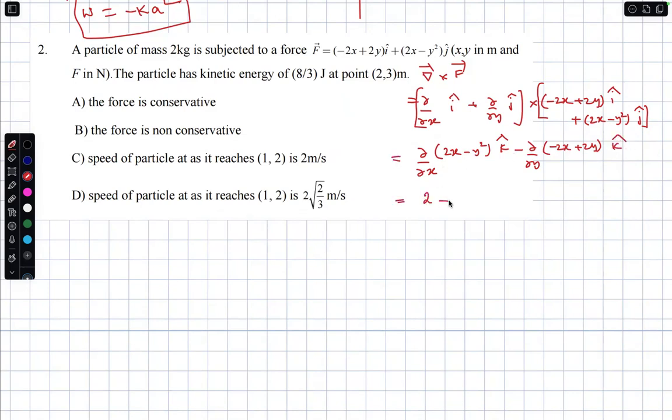This is 2 minus 0, because ∂/∂x has nothing to do with y². 2 minus 0 k cap minus 0. This term is 0. ∂/∂y has nothing to do with x. This will become minus 2k cap... 0. Wow. Force is conservative.